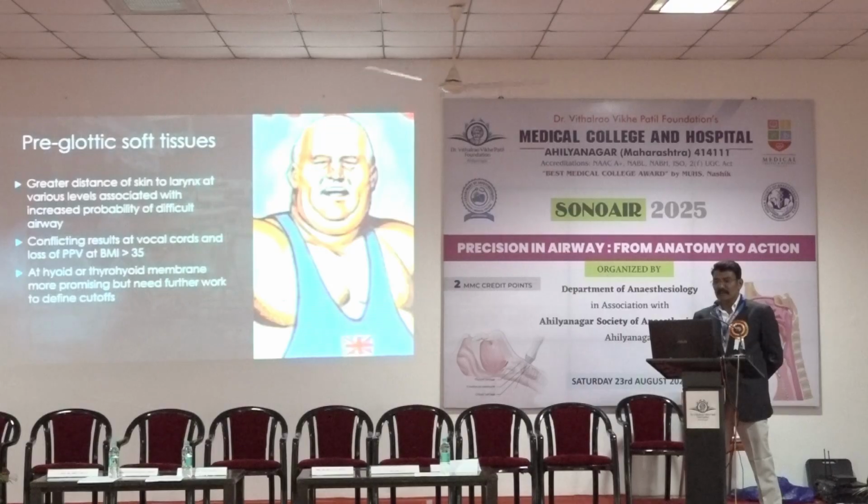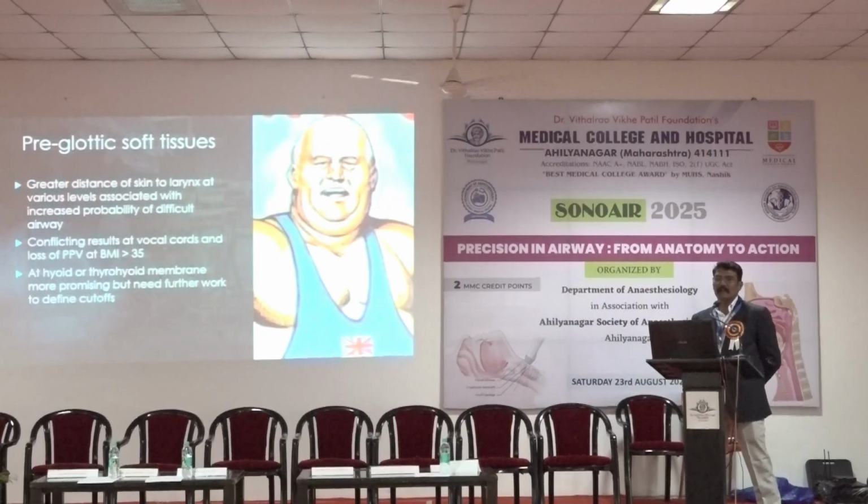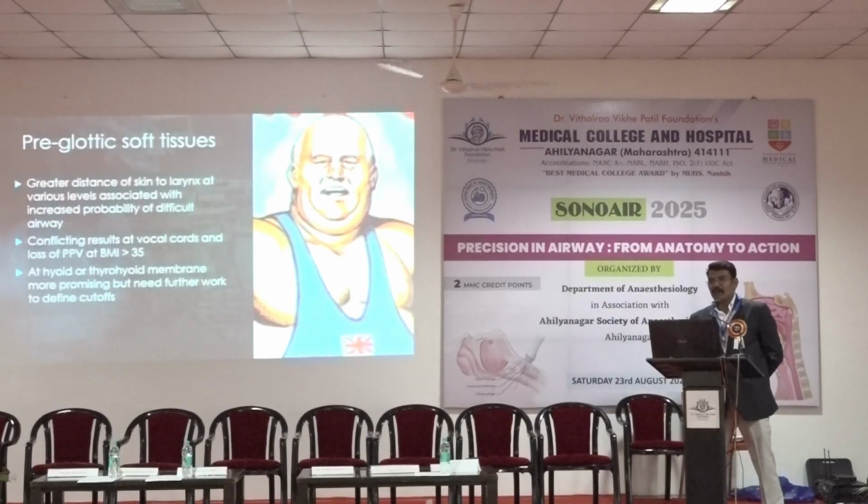You can see the placement of the probe here. Also they will show the thickness of the subglottic area, pretracheal soft tissue, then distance from the skin to anterior commissure itself. Vocal cords are difficult to achieve.